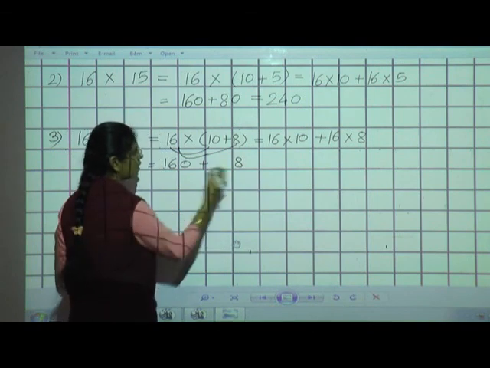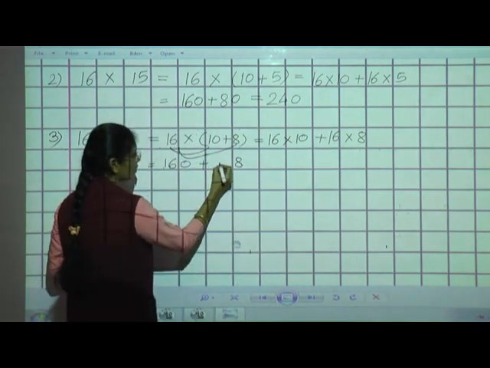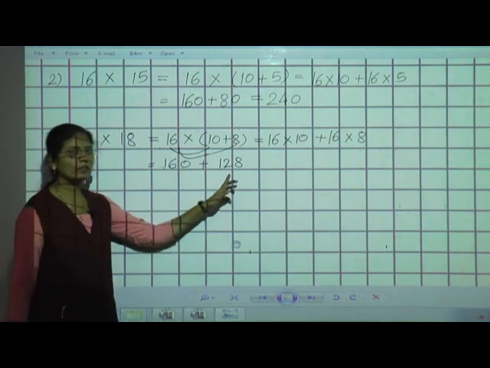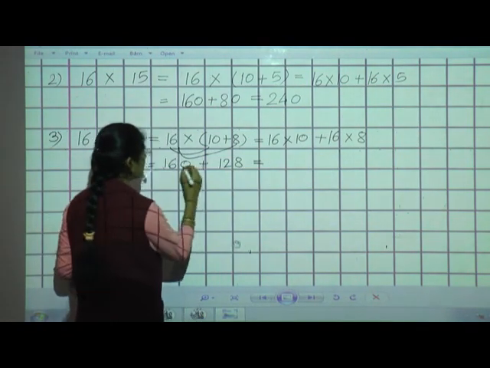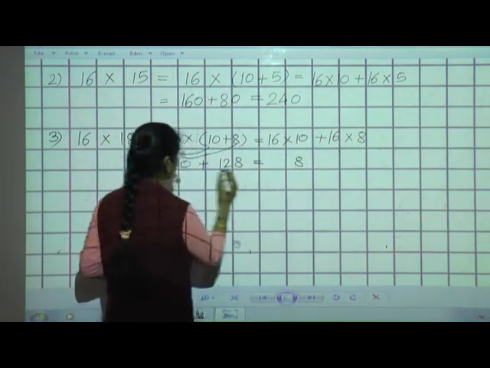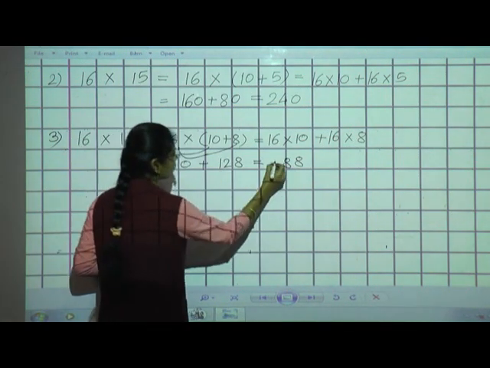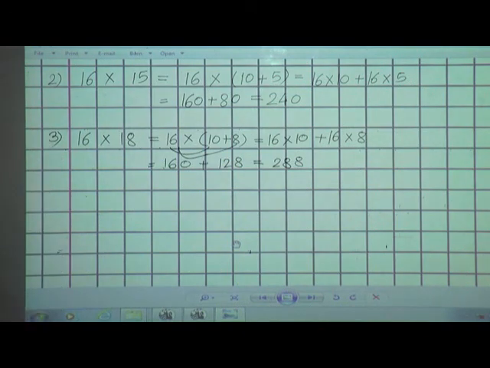So we will write 8 here and 4 as a carry. Then 8 ones are 8 plus 4, 12. So 16 into 8 is equal to 128. Now add these two numbers. 0 plus 8, 8. Then 6 plus 2, 8. And 1 plus 1, 2. So what is the answer? 288. Okay.